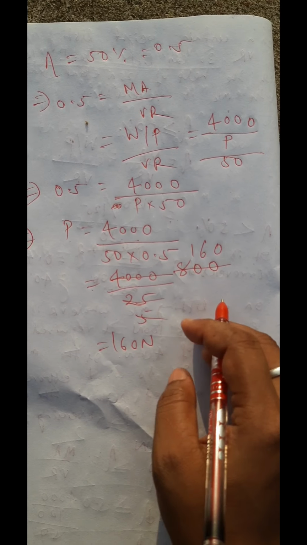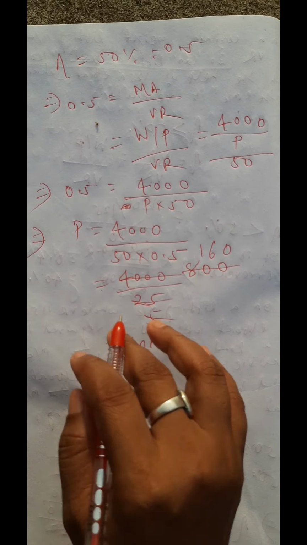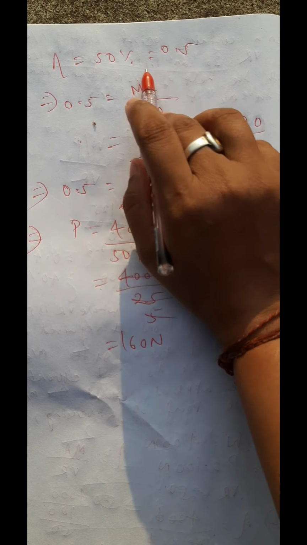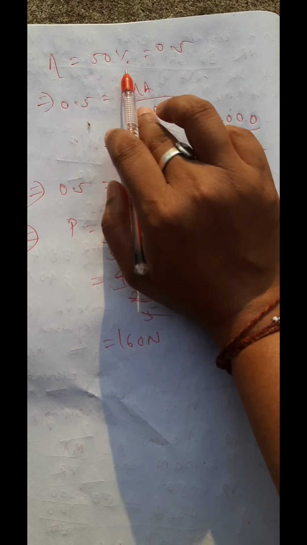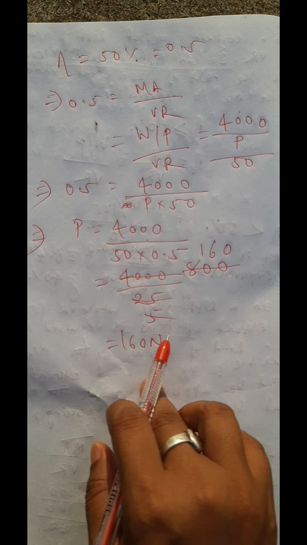That means we have to apply an effort of 160 Newton when the machine is at the point of reversing. That means when the efficiency is just 50%, at that time we have to apply an effort of 160 Newton.